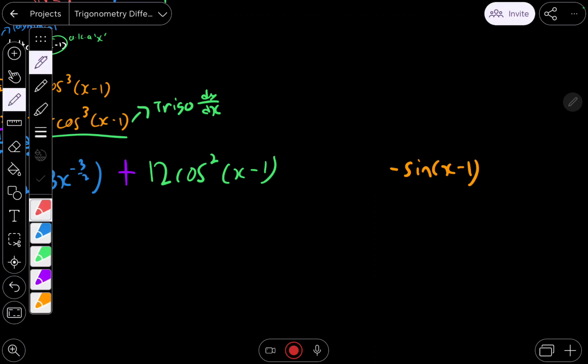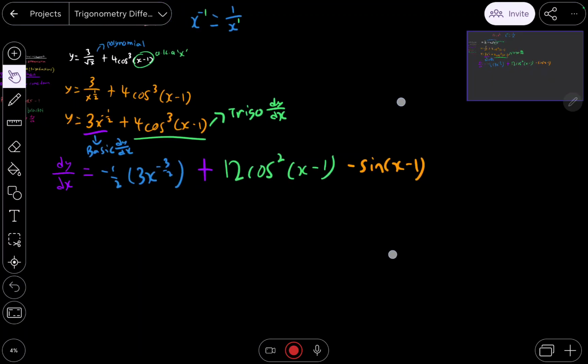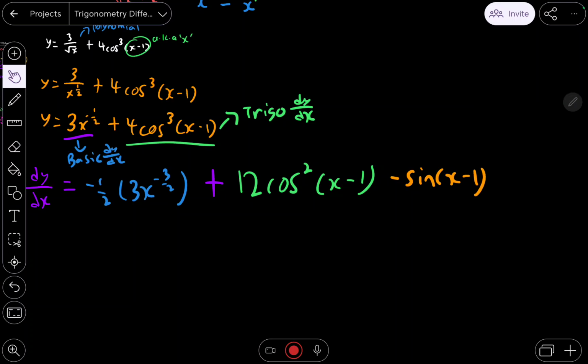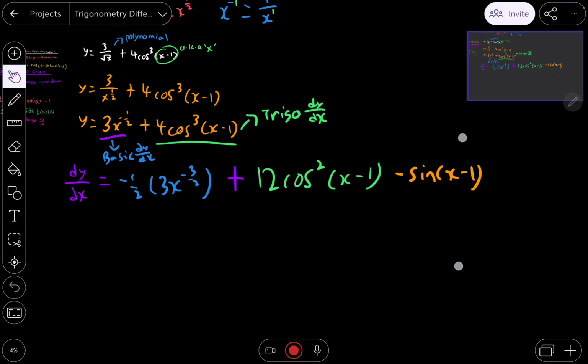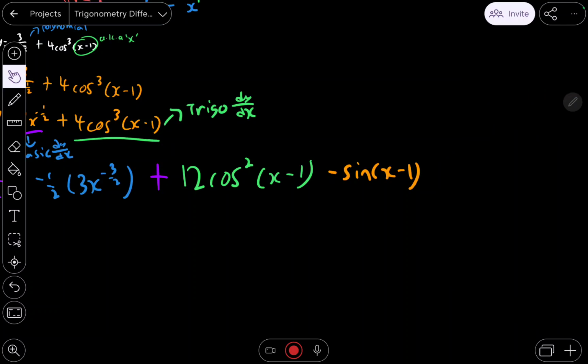Alright, so in this case, let's see what we have here with us, and let's start to differentiate. Minus sine bracket x minus 1.